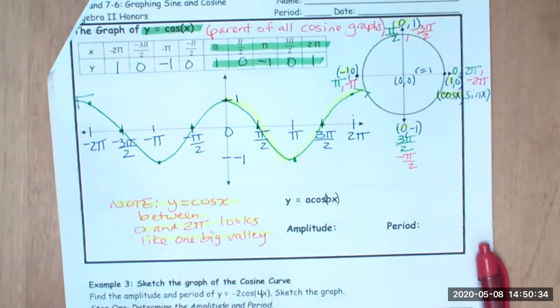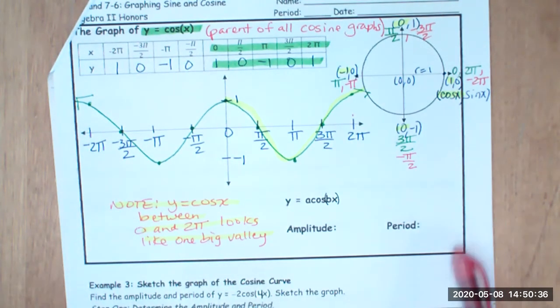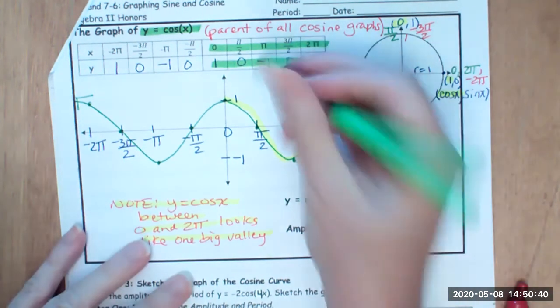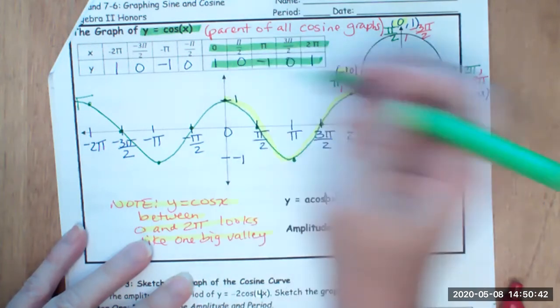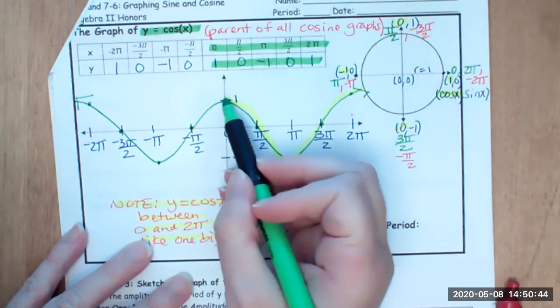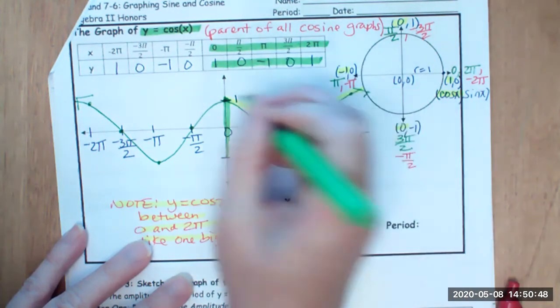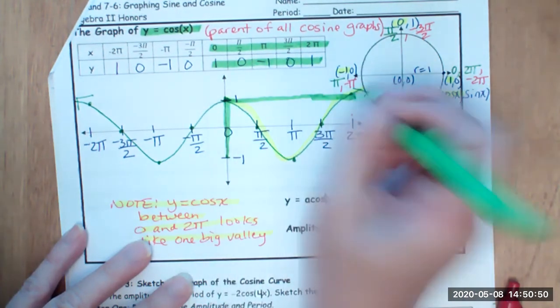All right, so as you'll notice here, if we were to make the same sort of rectangle that we did before, going from a max to a max, it's very easy to do here. We can see that'll represent one period.